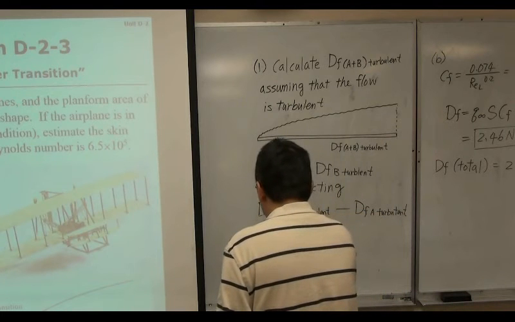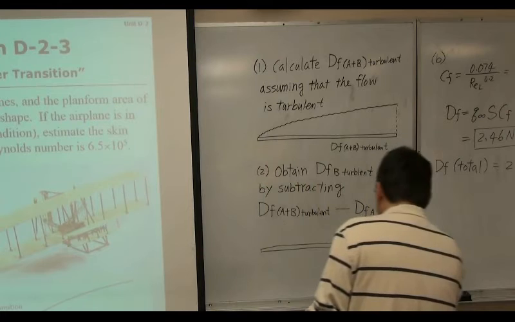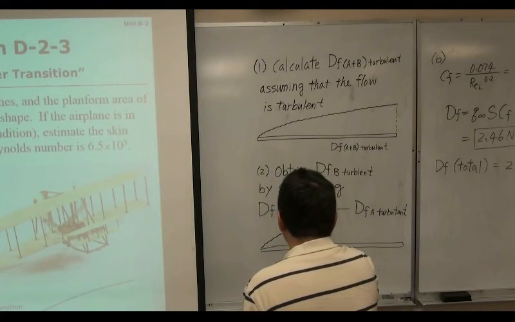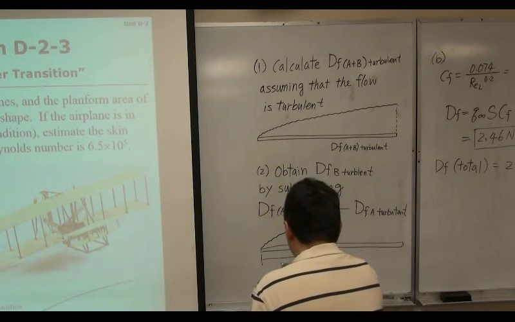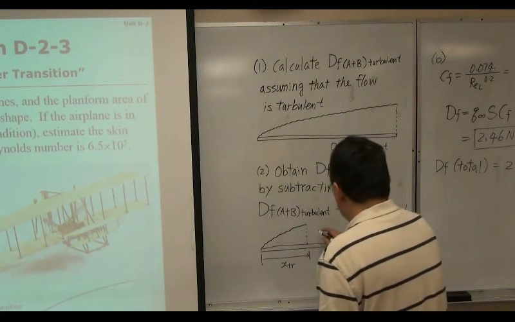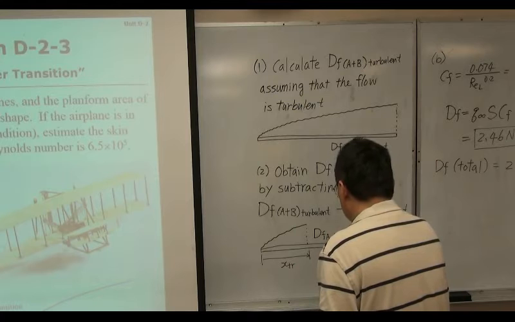So that means this. So now you are going to compute, this is a transition point. So this actually gets you dF of A turbulent.